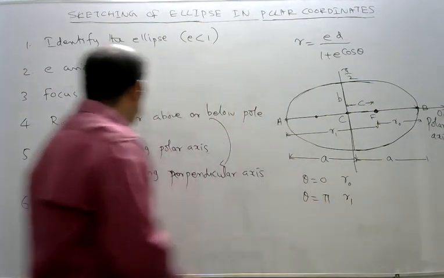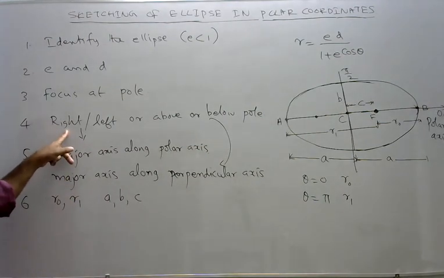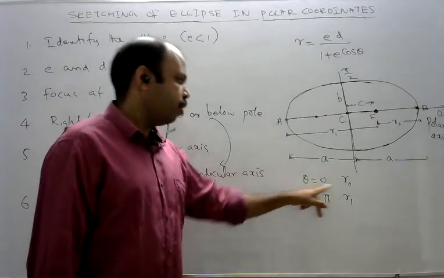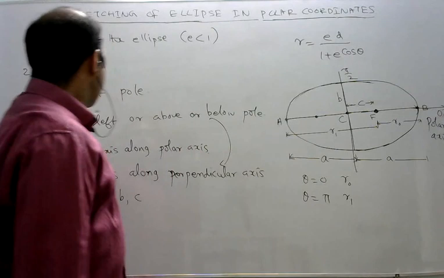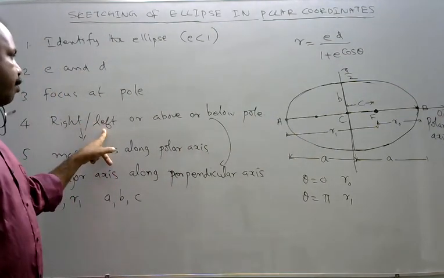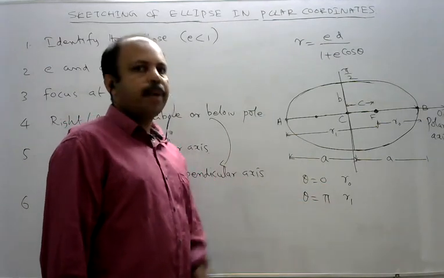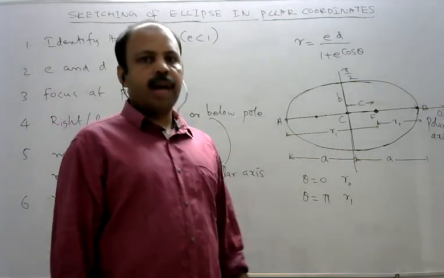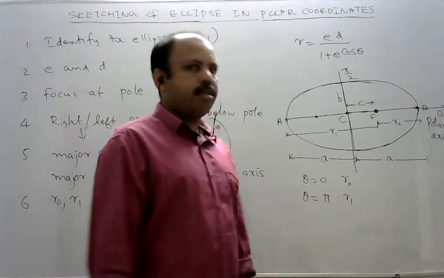That means, in this case, if the directrix is right of the pole, we substitute theta equal to 0 for R0 and theta equal to pi for R1. And if the directrix is left of the pole, we reverse the order: substitute theta equal to pi for R0 and theta equal to 0 for R1. The details will be demonstrated in the example.